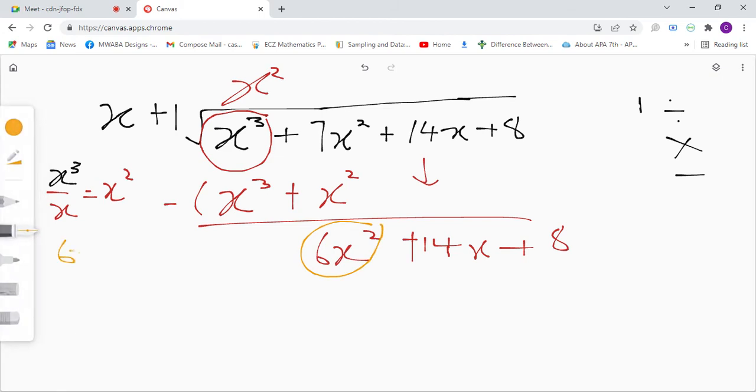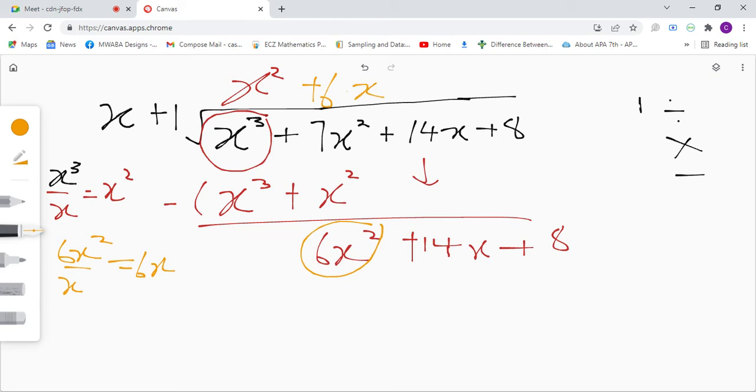So we say 6x squared divided by x is going to give us 6x, and so we say plus 6x. 6x times x gives us 6x squared. 6 times 1 gives us 6. 6 times x gives us 6x here.